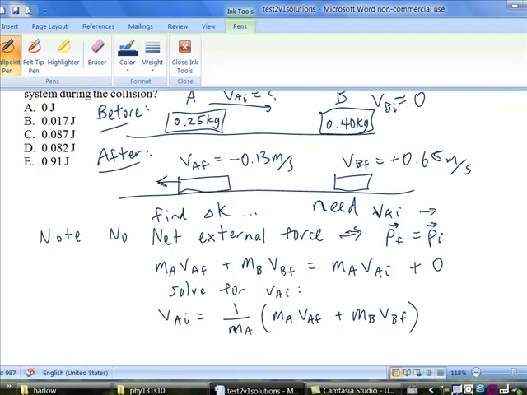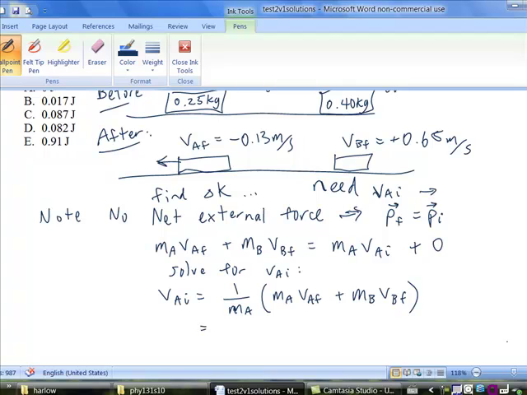So that's what that looks like. I think probably the best thing to do is plug this into our calculator now, just so that we have this initial velocity, because we're going to use it for kinetic energy before and after. So 1 over 0.25, the mass of A, times 0.25 times negative 0.13 plus 0.4, the mass of B, times positive 0.65 meters per second.